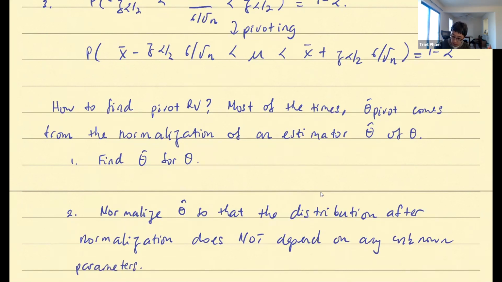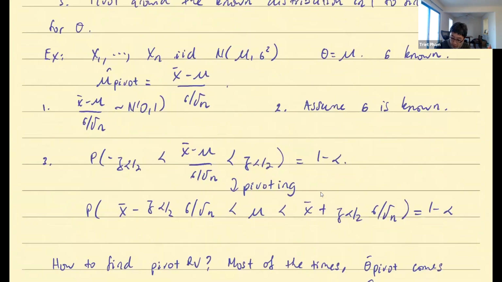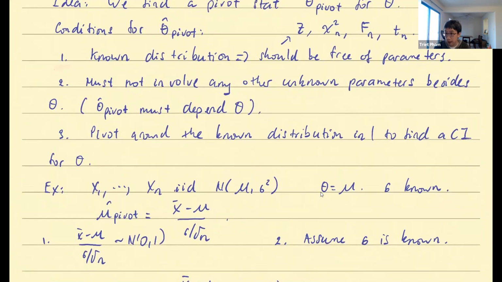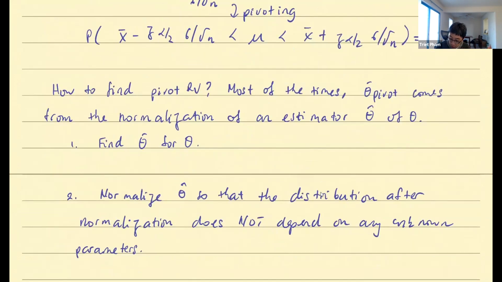So what is it? This step 2 right here is exactly landing you on step 1 of the theta hat pivot. Okay, because that known distribution is exactly from the normalization of the theta hat.